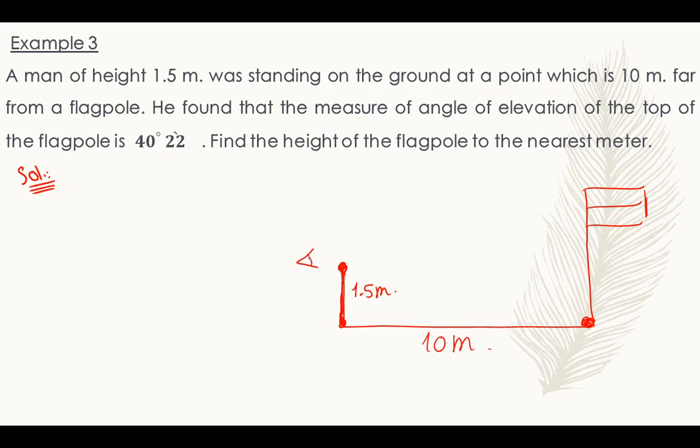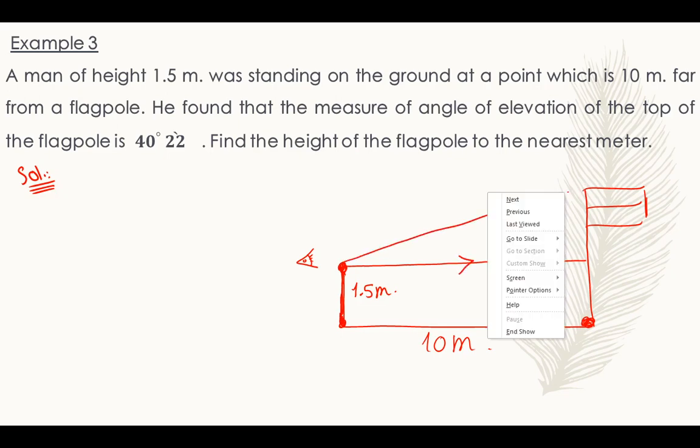The eye of the man will make a horizontal ray first, and another ray will go to the top of the object.